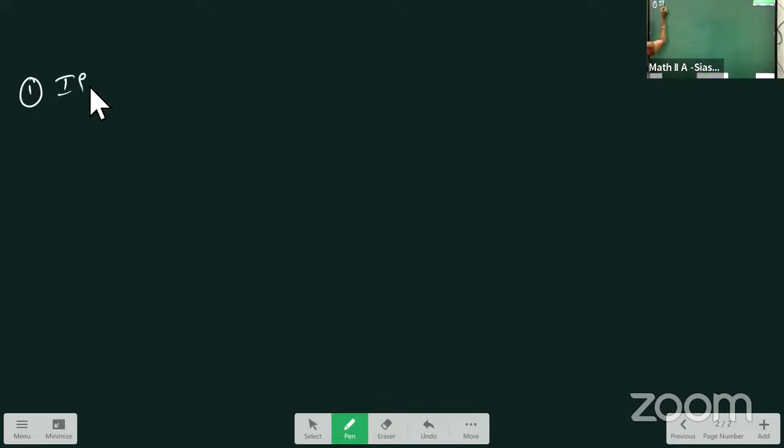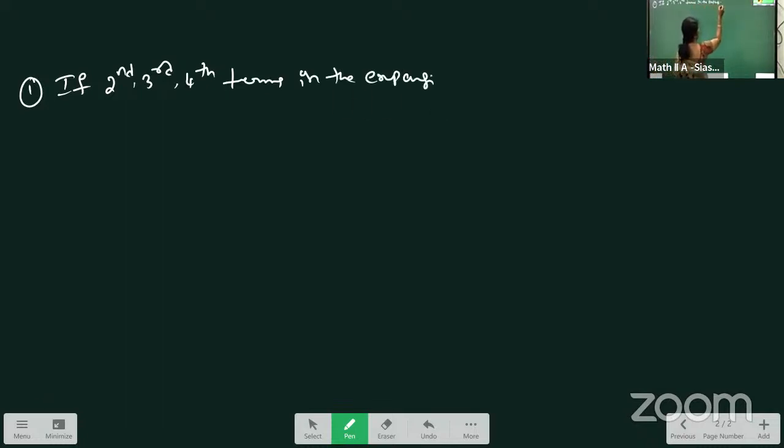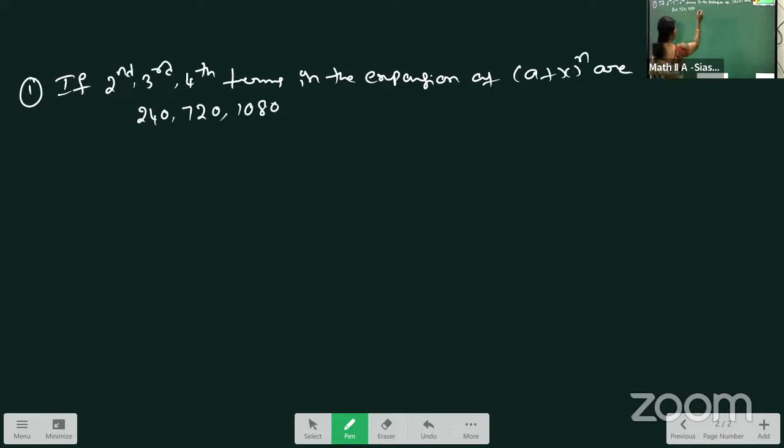If the second, third, fourth terms in the expansion of (a plus x) whole to the power n are 240, 720, 1080, then find a, x and n.